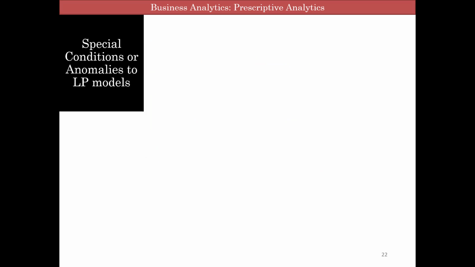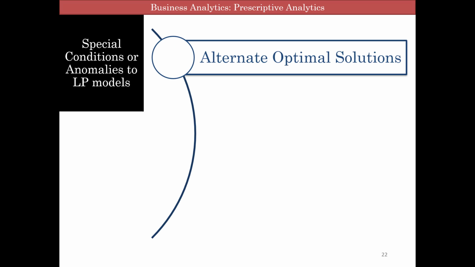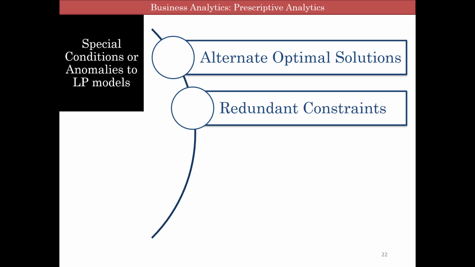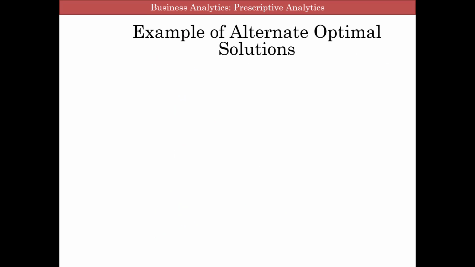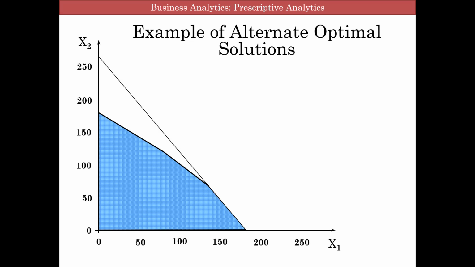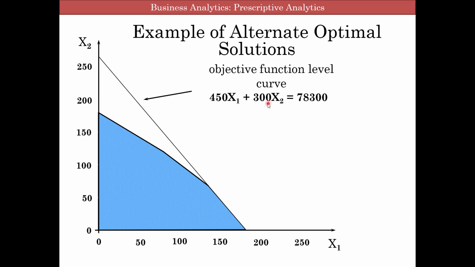So here are the special conditions or anomalies to LP models. You could have alternate optimal solutions. You could have redundant constraints. We'll talk about what each one is. You can have unbounded solutions. You can have infeasibility. So here's an example of an alternate optimal solution. If this objective function curve is 450x1 plus 300x2, all these points become alternate optimal solutions, right?